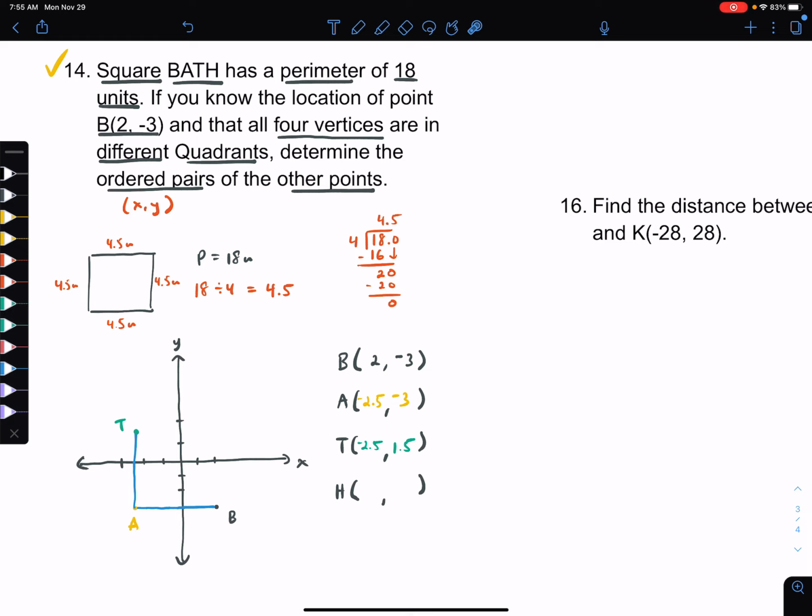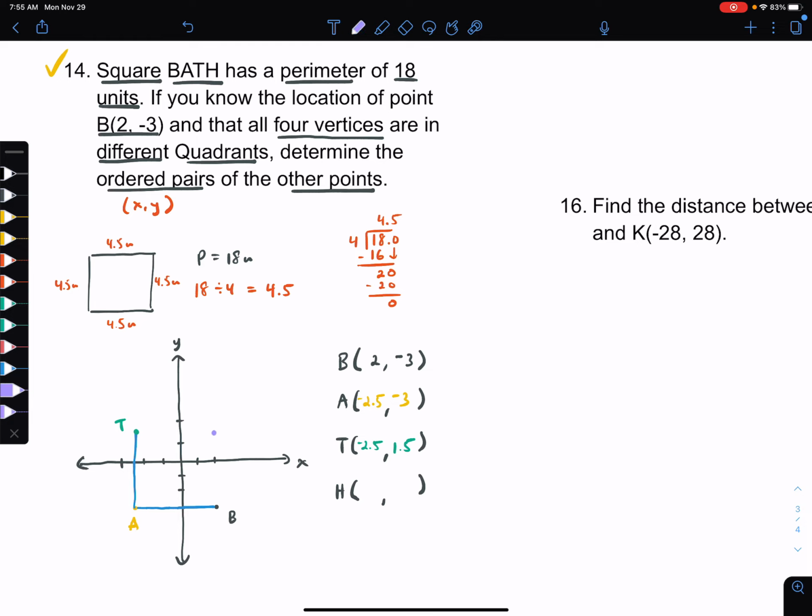Let's think about that. We went up 1, 2, 3 units. Here's 4 units and a half. So here was 3, and here's 1.5. So that's 1.5 up. And for this last one, let's see. I think we actually know that this last point has to be right here because it's a square.